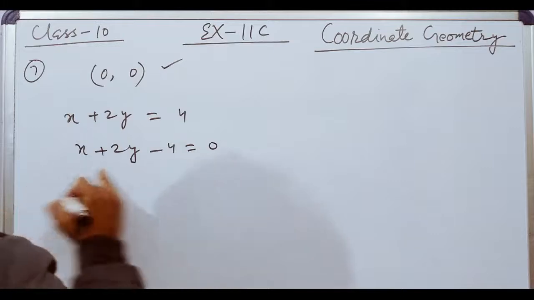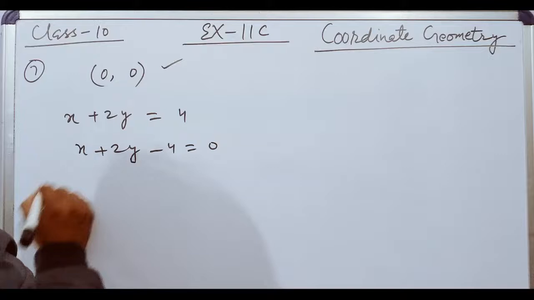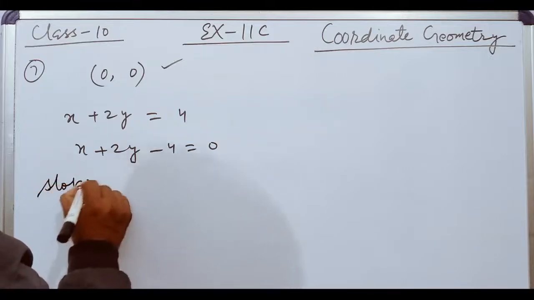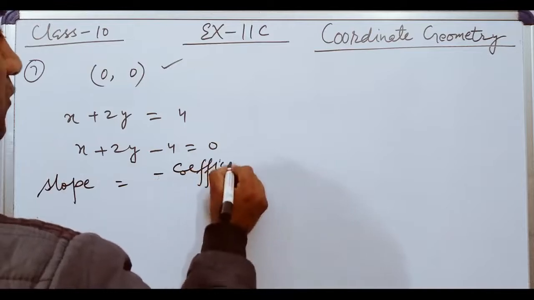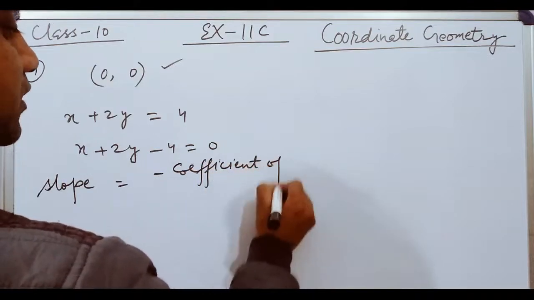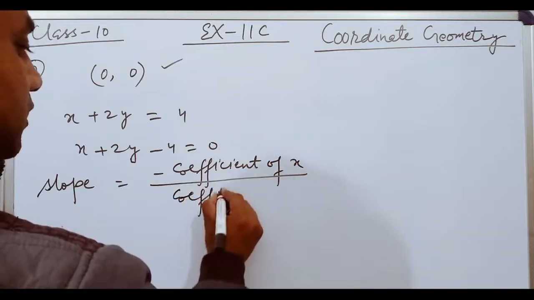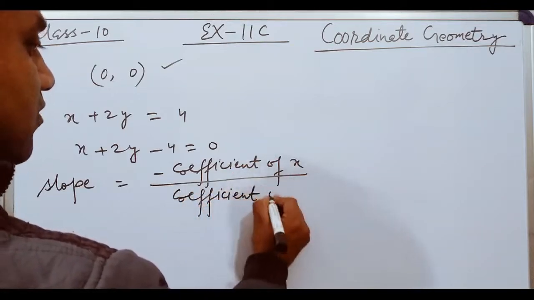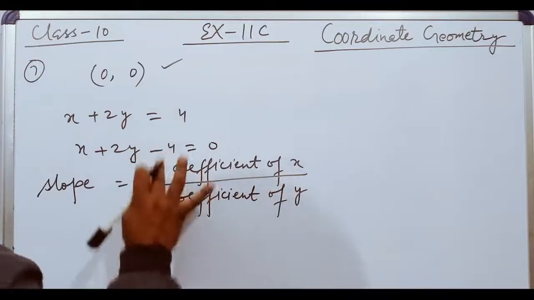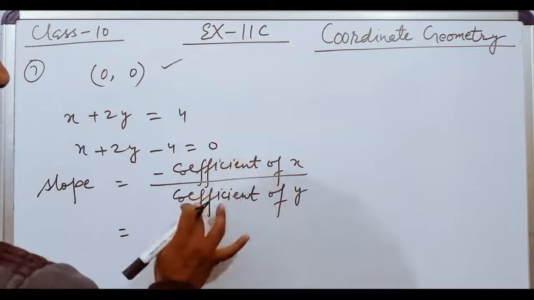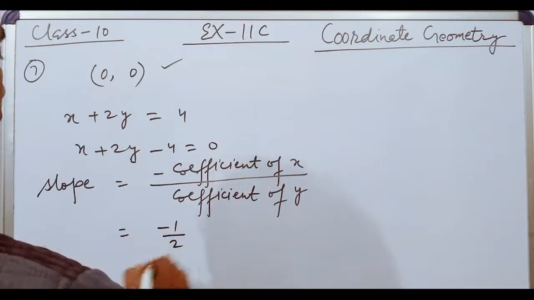First of all we will find the slope of this line. Slope equals minus coefficient of x upon coefficient of y. This is the formula to find the slope. So minus 1 upon 2.